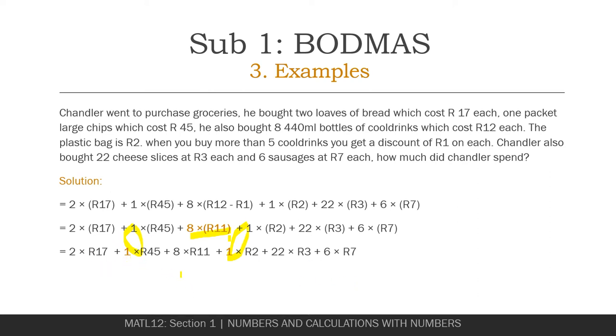So now that takes us to the next step, whereby you see this 45 Rand just comes back as it is. And again, this 2 Rand comes back as it is. So now we are ready to work more. Remember when I told you that a number multiplied by the rand in brackets is the same as just multiplying the number, so you can get rid of the brackets because there's no mathematical operation going on inside.